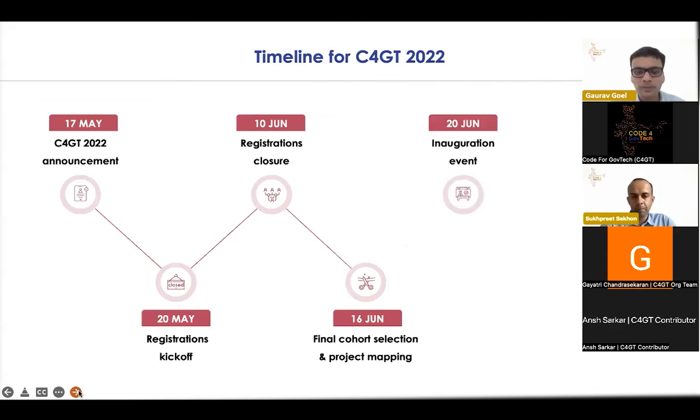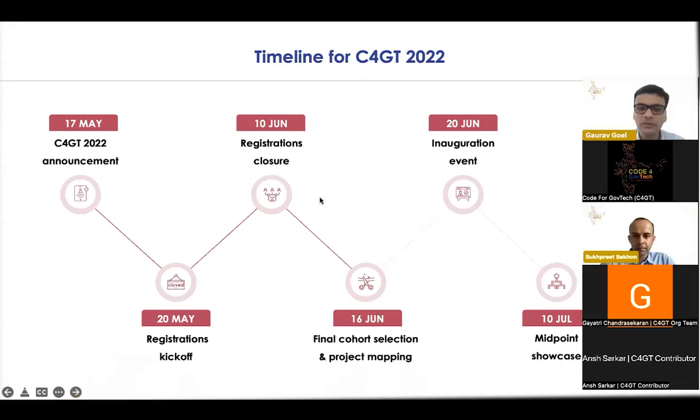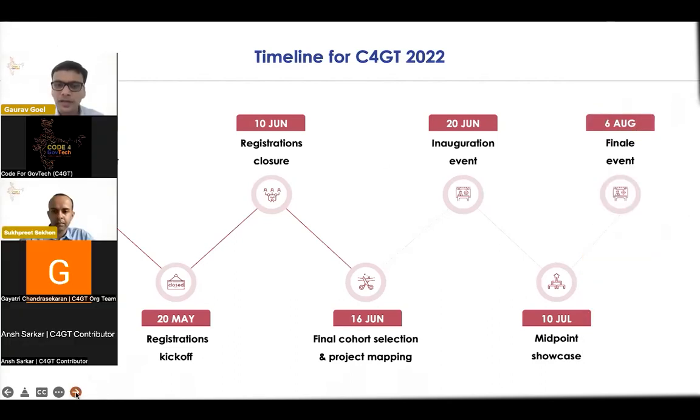This will be followed up by a midpoint showcase that will happen around the 10th of July, where whatever coding and development has happened by then would be showcased to another set of practitioners from the GovTech ecosystem. And then the grand finale, once all contributions are complete, would happen around the 6th of August. So between now and the 6th of August, there will be roughly a 45-day period when different contributors will be actively coding and contributing to different digital public goods.